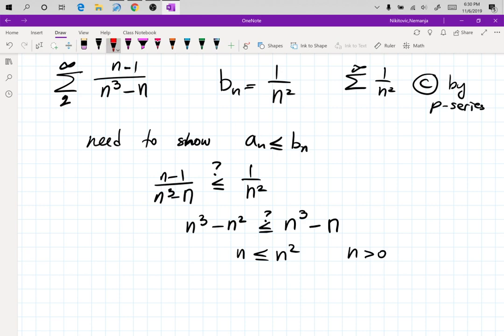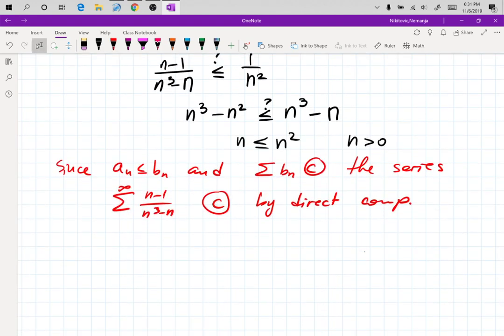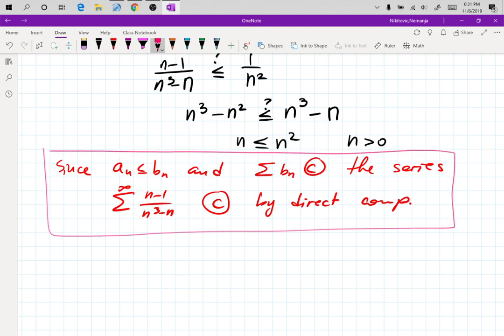And we can say, since an is less than or equal to bn, and summation bn converges, the series summation n minus 1 over n cubed minus n converges by direct comparison. That's the answer. Box that, and you're done.